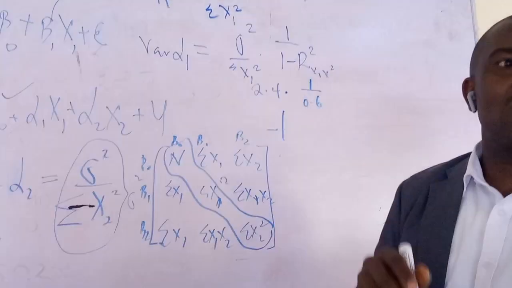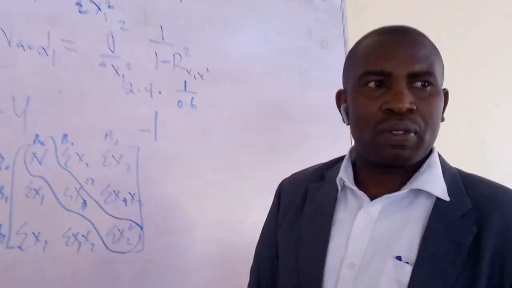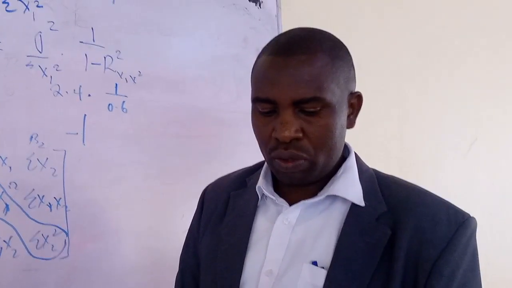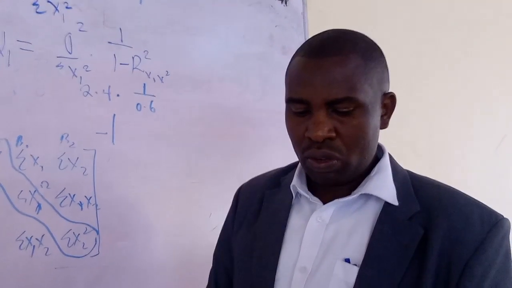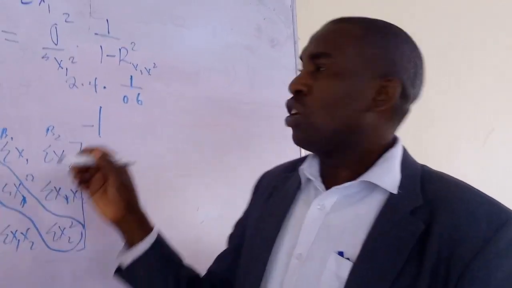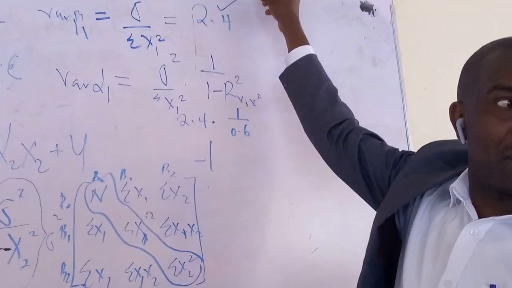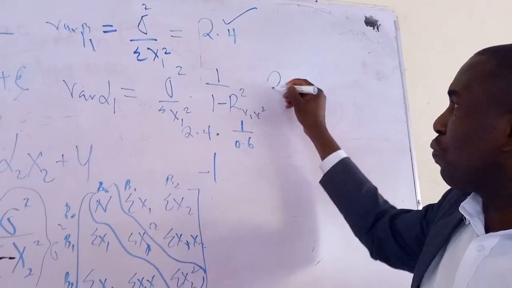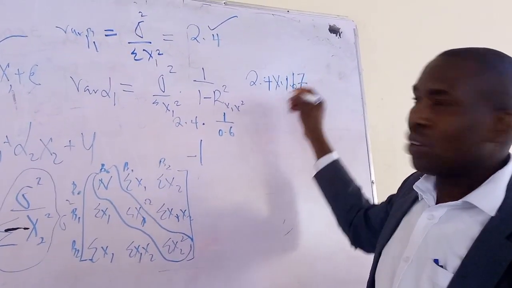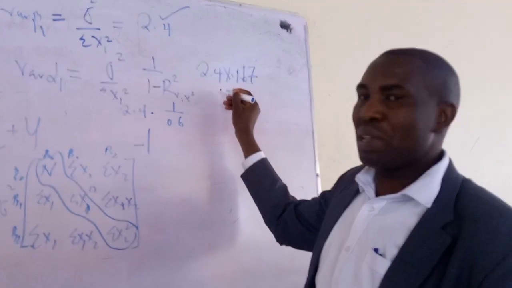So 1 divided by 0.6 gives you 1.67. So the original 2.4, because of including an irrelevant variable, is now 2.4 times 1.67. This will be a little bit larger, maybe around 3.